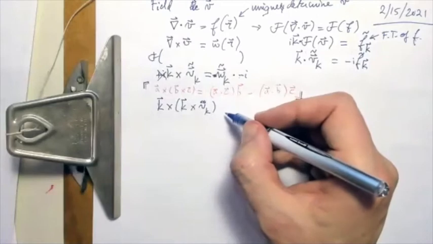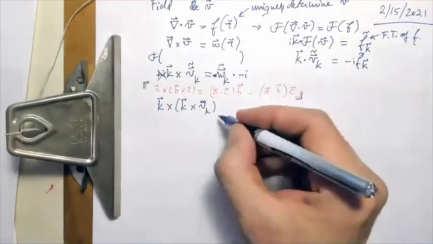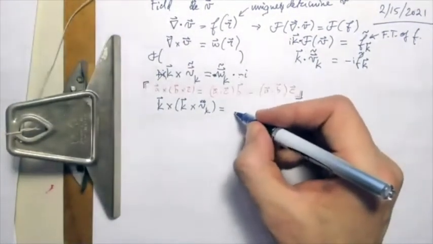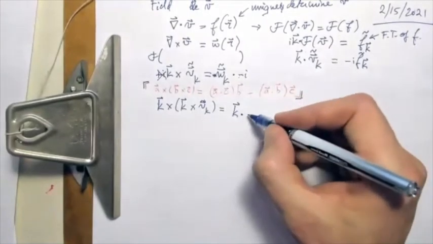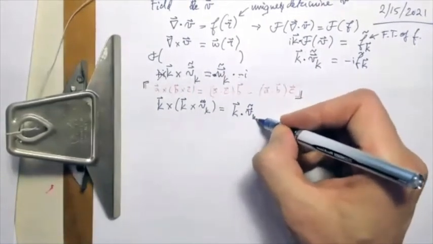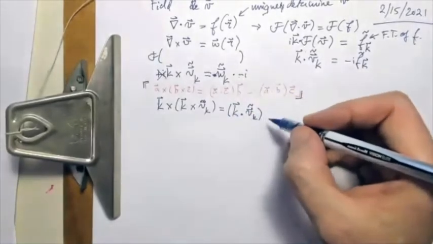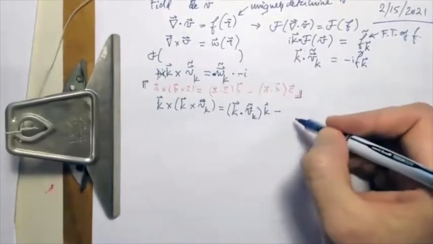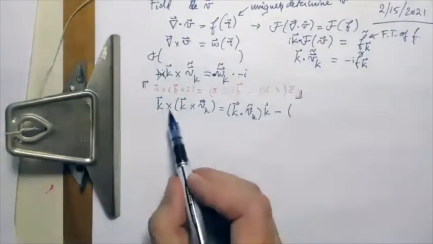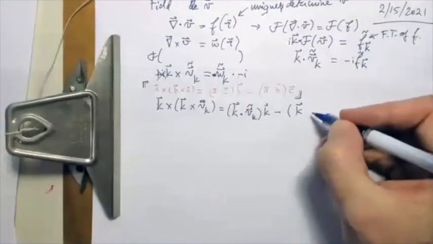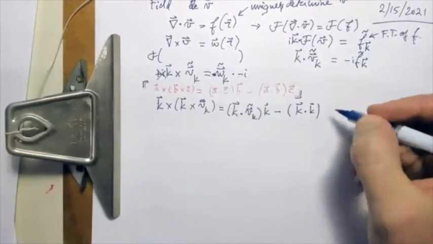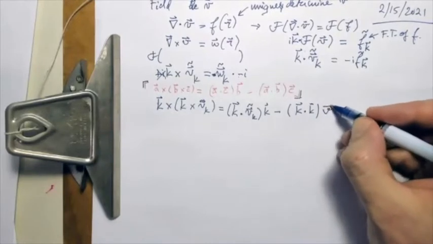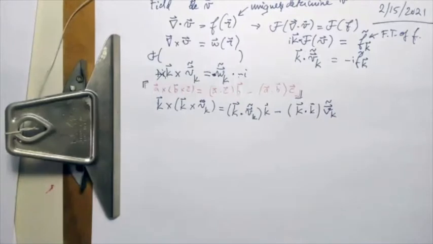So that is, according to this identity, supposed to be equal to A dot C, that's K dotted with V, multiplied by that original field B, and B is the second here. That's K vector minus, all right, here we go. Now that A dot B is supposed to be K dot K, and then multiply that by our V.